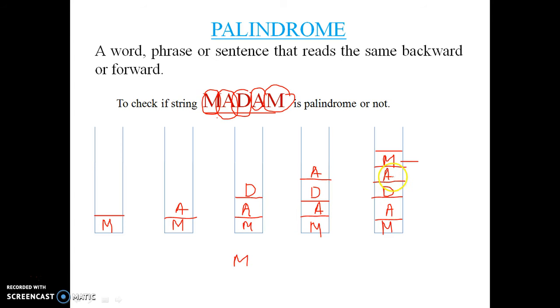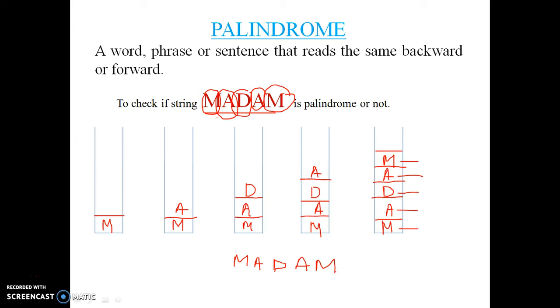The next topmost element is now A, so we delete A. After deleting M and A, D becomes the topmost element, so we will delete D. Now A becomes the topmost element, so we will delete A. And lastly, the last element in the list is M, which becomes the topmost element, so we will delete M.